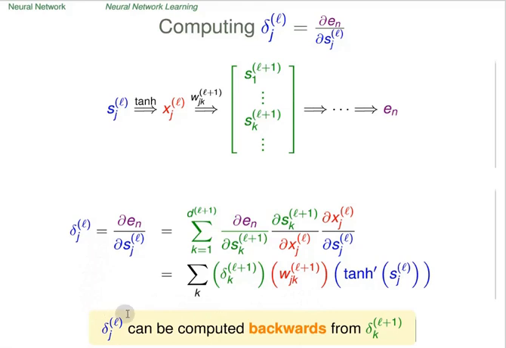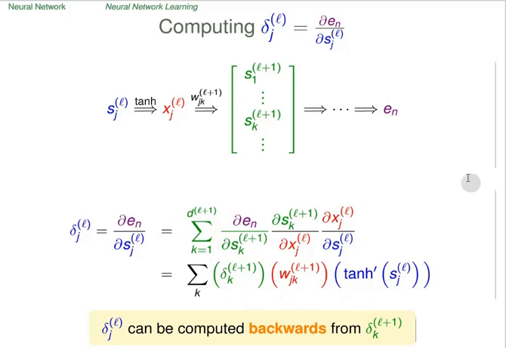Formally, we call this the backpropagation algorithm, which allows us to backpropagate the delta from the last layer to the previous layers. Since if we want to calculate delta at L, we need delta at L plus 1. And delta at L plus 1 depends on delta at L plus, let's say, 2.